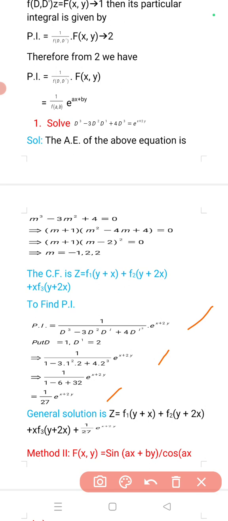In this way we obtain the complementary function and the particular integral whenever an exponential function is present in place of F(x, y).